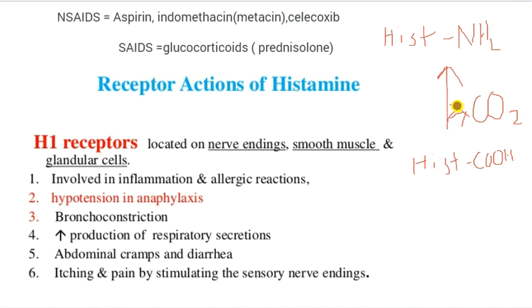Carbon dioxide is removed. Histidic acid undergoes decarboxylation reaction and forms histamine.